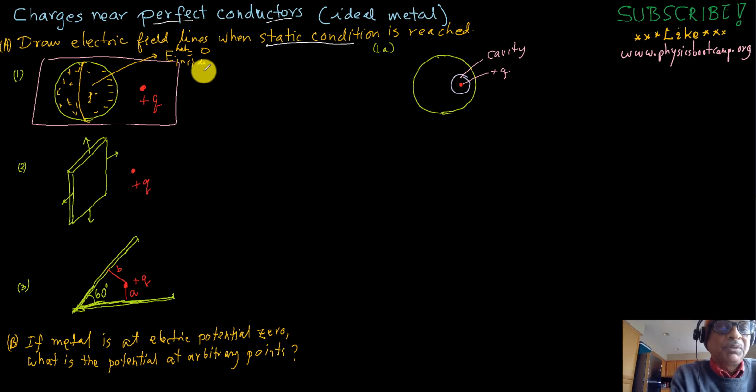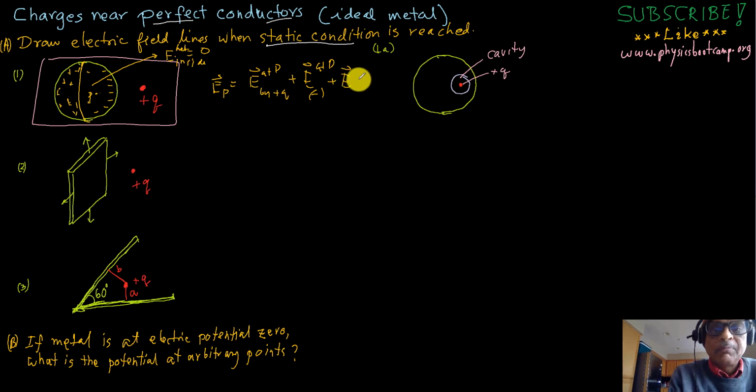So the E at point P will be E by plus Q at P, plus E by all the negative charges at P, plus E by all the positive charges at P. All of this ends up being 0 everywhere inside. So let's see what the electric field will look like.